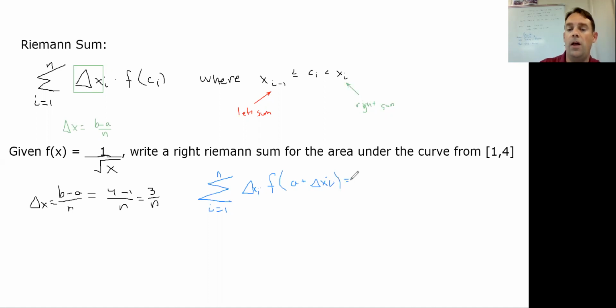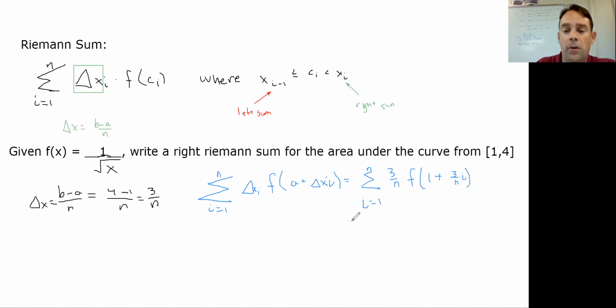Okay. So that was what our right Riemann sum was, or we called it a right sum. We didn't actually call it a Riemann sum yet. We can go ahead and call it a Riemann sum at this point in time. And that can be delta x, that'd be 3 over n, times f of our a value. Well, that's where we're beginning. So f of 1 plus delta x, so 3 over n times I. And again, we dealt with this in class.